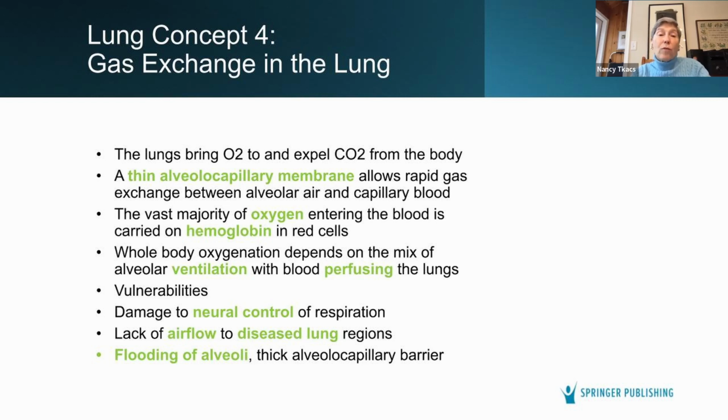This allows rapid gas exchange. Once that gas gets in the body, it has to cross that barrier in order to get to the body cells, to the systemic circulation.